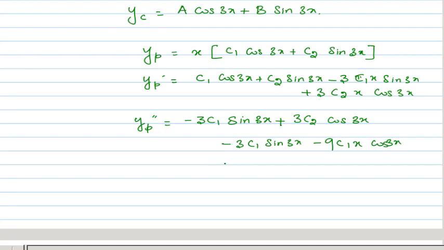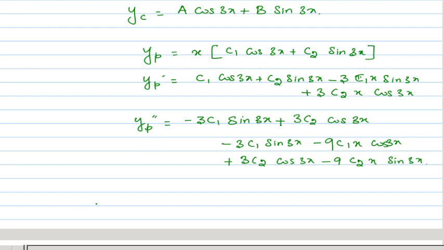Similarly here I get plus 3 times c2 cos 3x, plus 3 times c2 cos 3x, minus 9 times c2 times x sin 3x. This is my yp double prime.